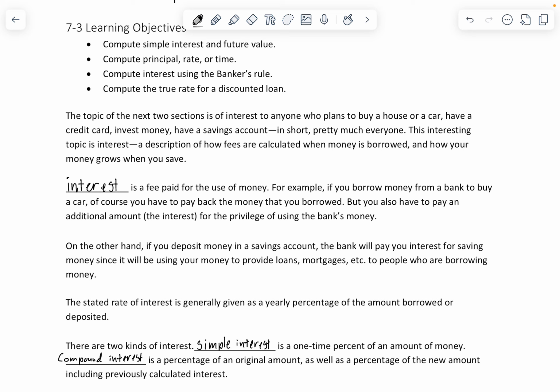Compound interest is a percentage of an original amount as well as a percentage of the new amount, including previously calculated interest. Compound interest will be the topic of the next video. For this one, we're focusing on simple interest.